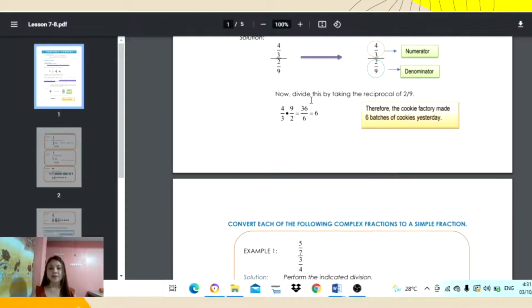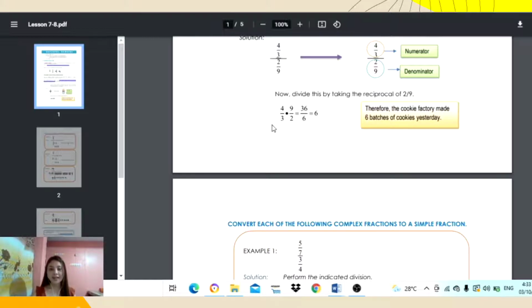Now, divide this by taking the reciprocal of 2 over 9. That means we have to get the reciprocal of the divisor or the denominator, and then multiply it by the numerator or the dividend. So 4/3 times the reciprocal of 2 over 9, which is 9 over 2.